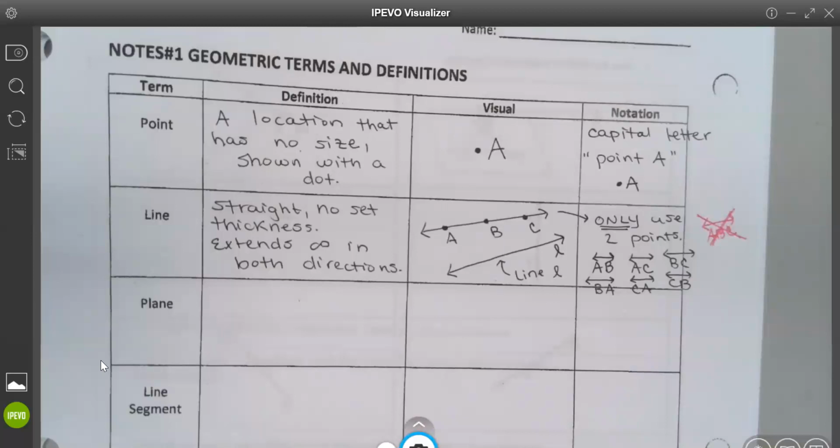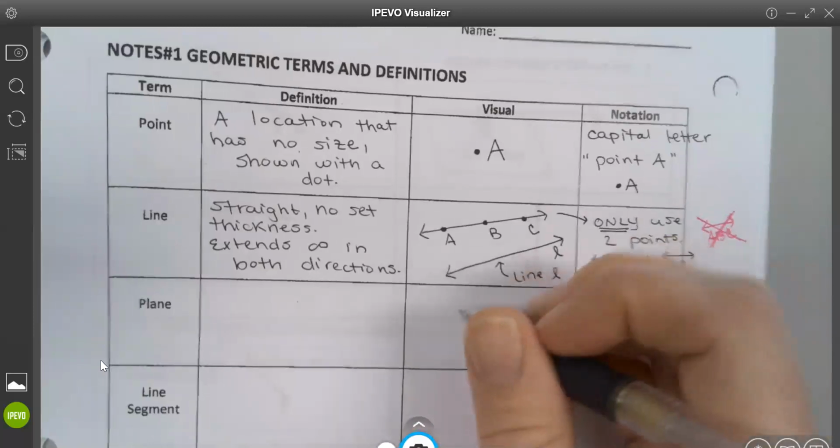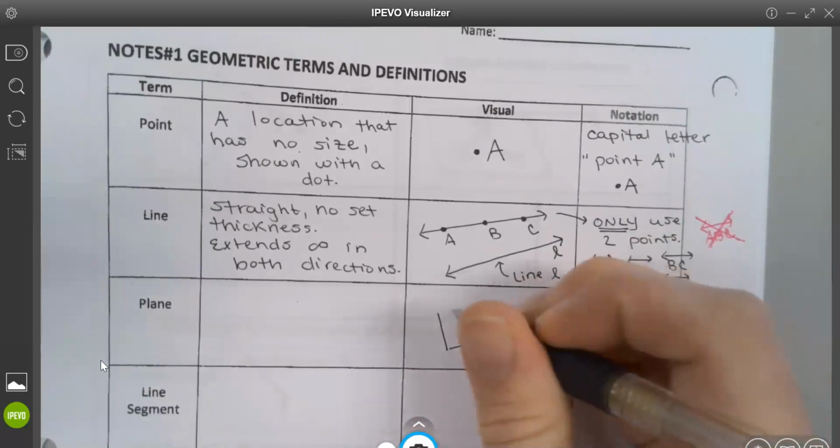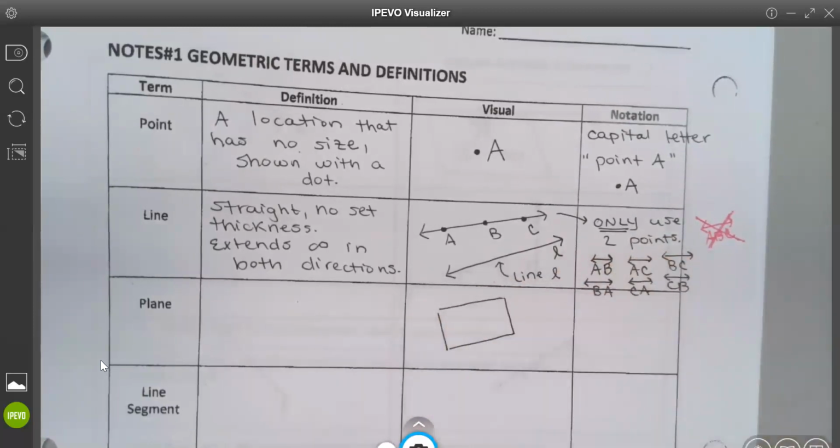Once I have 3 points, it can extend through those 3 points in all directions, and it creates a plane. The way we draw planes looks like a little rectangle. But we know, like the line, that it continues to go in all those directions. The coordinate plane doesn't stop just because we only graph from -10 to 10. It still goes in all directions.